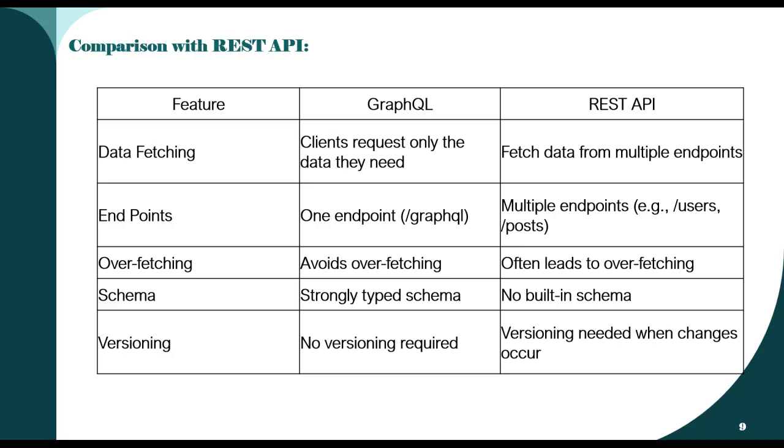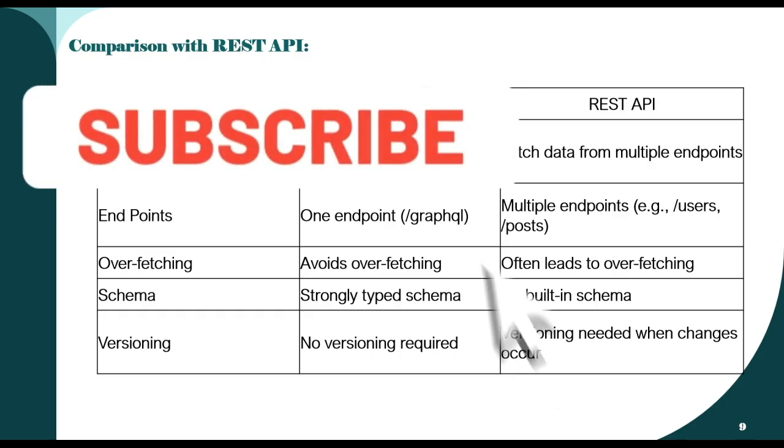Now, comparing GraphQL with the REST API. That's a popular and frequently searched question, because REST API has been around for a long time, so why was there a need for GraphQL, and what benefit does it bring? If you compare the data fetching model, the client requests only the data that is required, but in REST API you have to fetch from multiple endpoints.